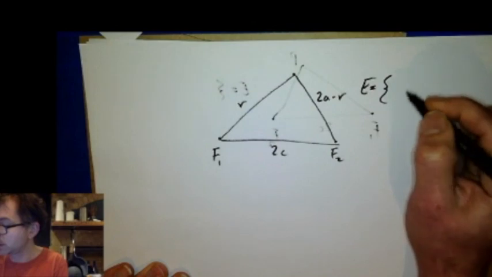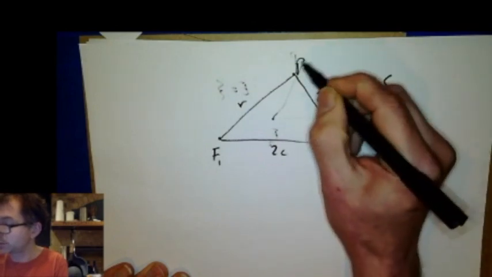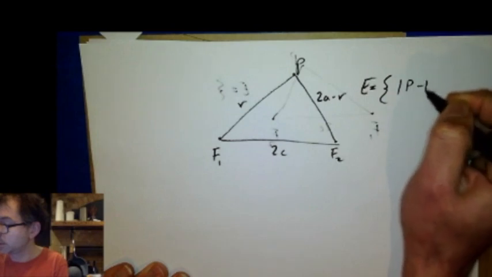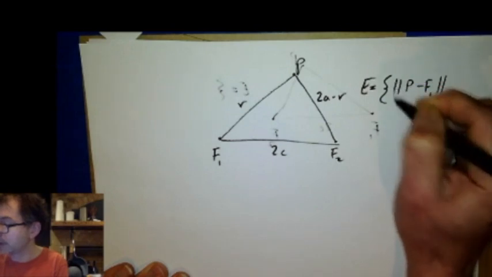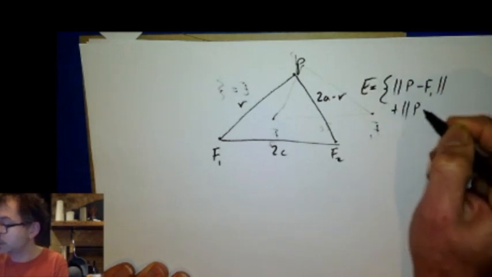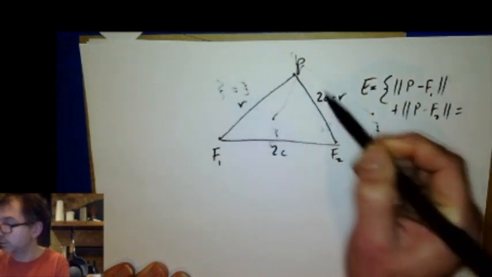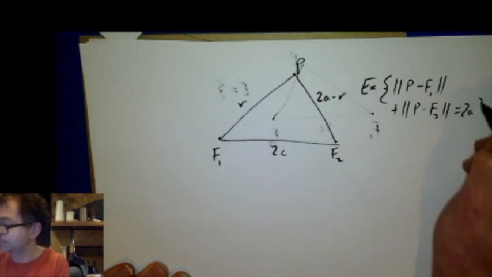So E is the set of points, so this is P, with the distance P minus F1, plus the distance P minus F2, equal to this fixed distance 2a.